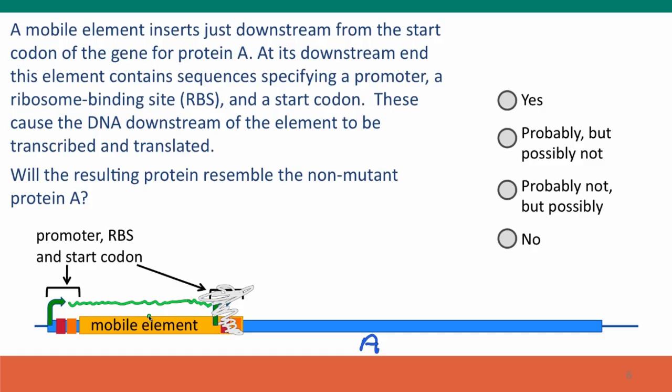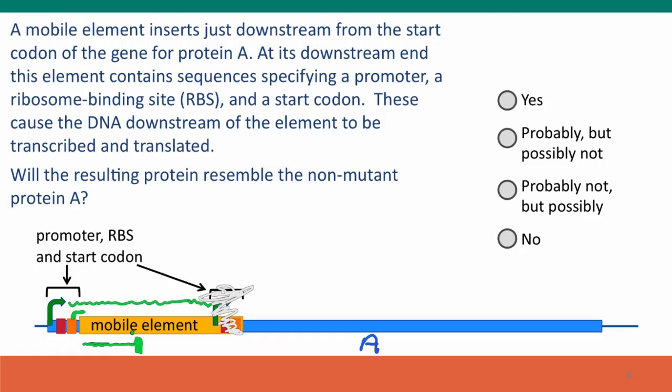But when translation starts from its original start codon, it's going to be translating sequences that are part of the mobile element. And chances are that the protein will be completely non-functional because these sequences were not evolved to act as proteins, and will truncate prematurely because it'll meet a stop codon.